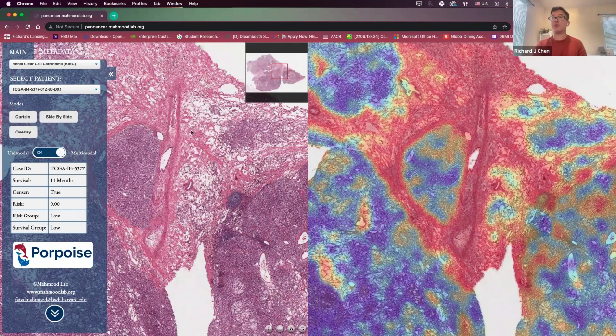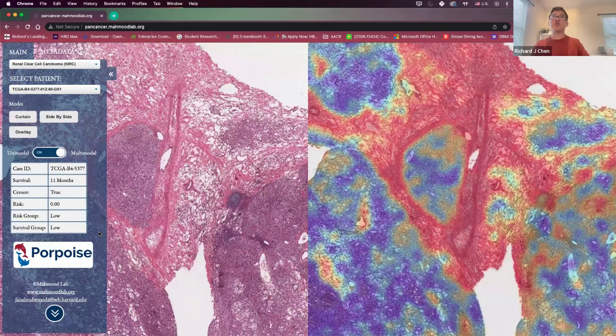If you're giving it tumor information, let's say for survival prediction in renal cell carcinoma, the mutation status of BAP1 and VHL, then the model already knows that that tumor signature is present.